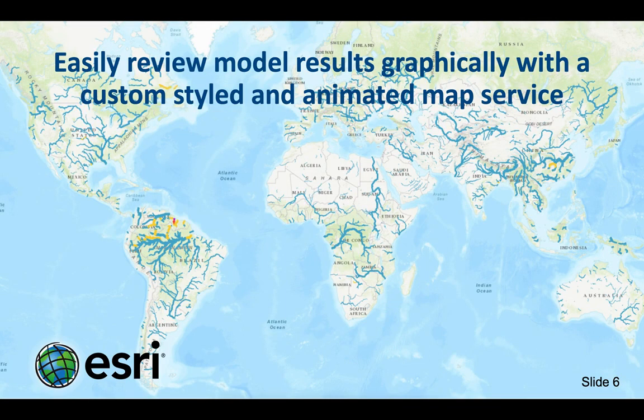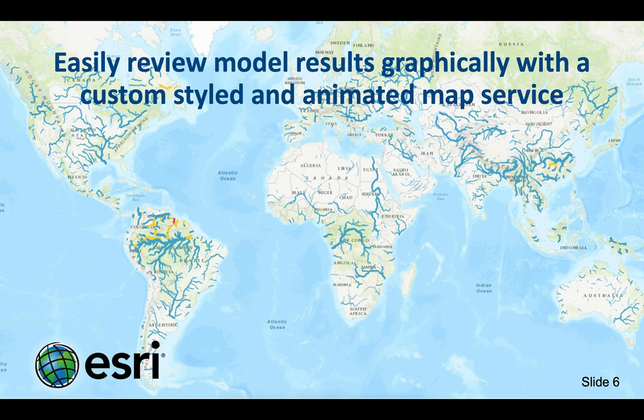The second way that we make this data accessible is through a mapping service. And so this is a view of the global mapping service, and it was built with our collaborators at Esri. And you'll notice that there's some custom styling going on. The line thicknesses change, and there's also coloring as you go to different rivers around the world.